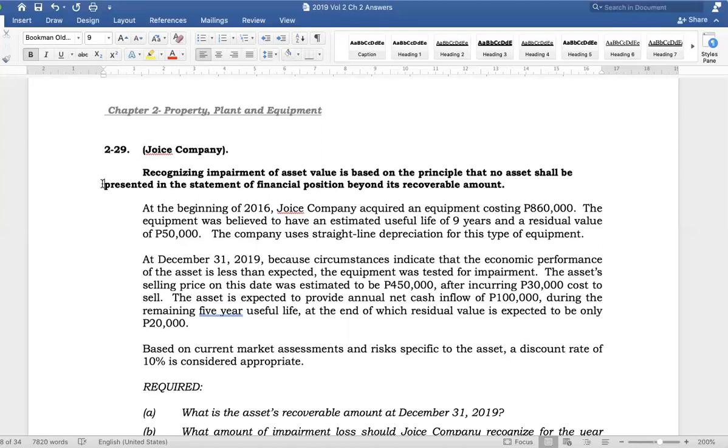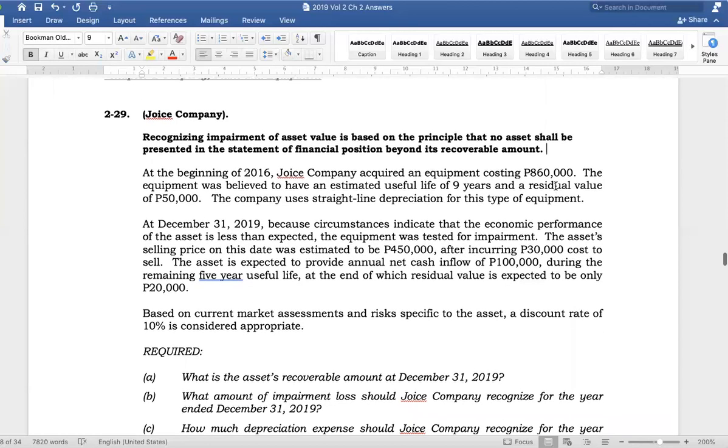Okay, so this is also the reason why you are recognizing impairment loss on financial assets, example, bad debts on receivable, and this is also the principle why you are recognizing decline in net realizable value of inventories.